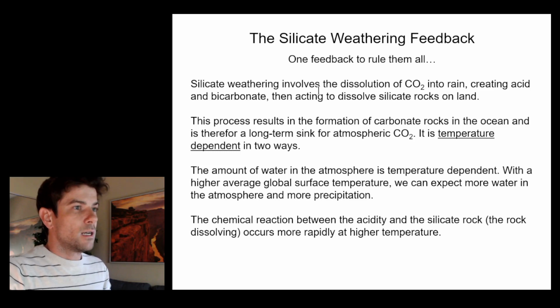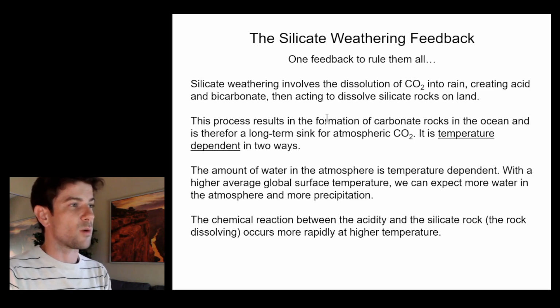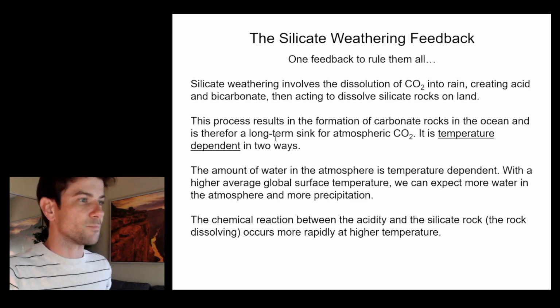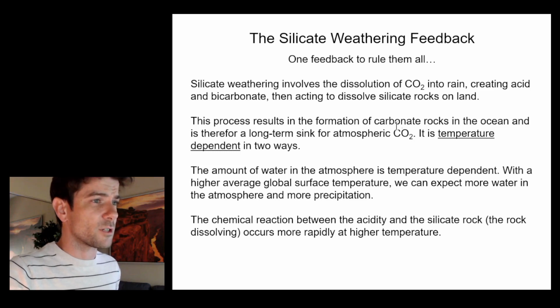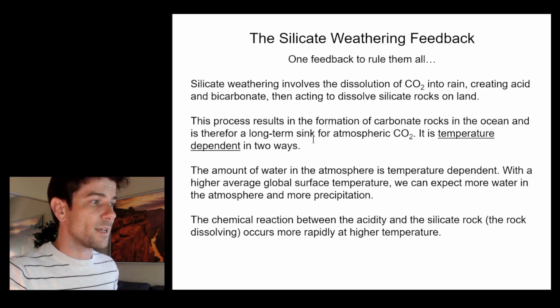Okay, so we're taking atmospheric CO2, dissolving silicate rocks, and then eventually we're going to form carbonate out of that CO2, and that's really the important part. So this process results in the formation of carbonate rocks in the ocean, and therefore is a long-term sink for CO2.